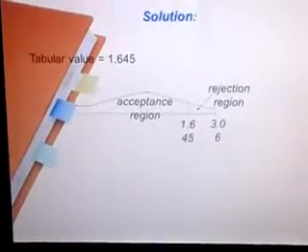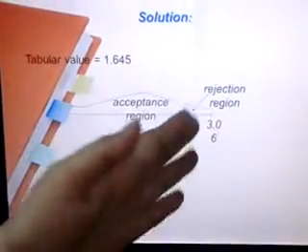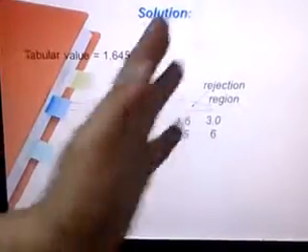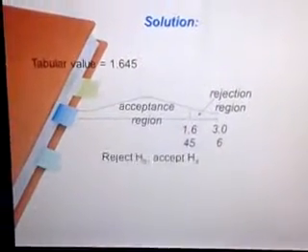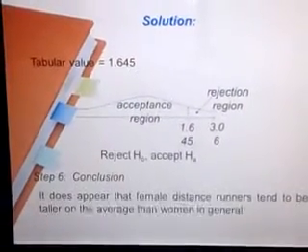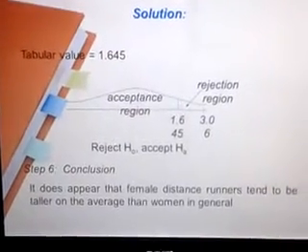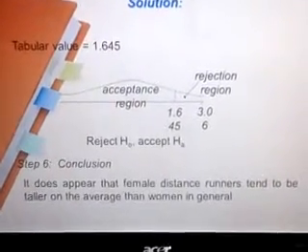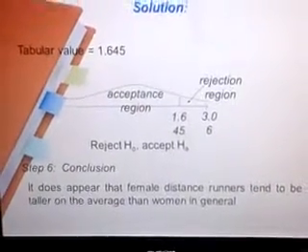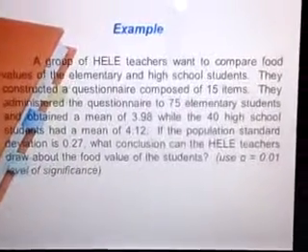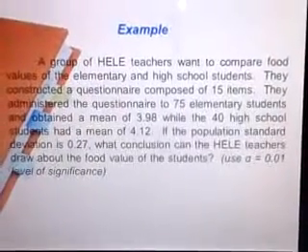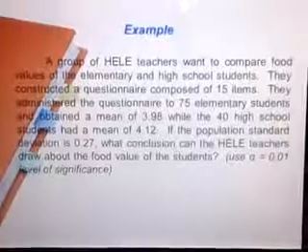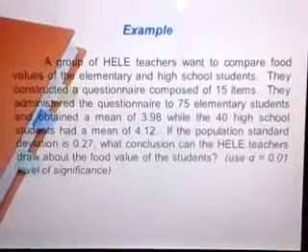Since it is only considered as one-tailed, the rejection region is only on one side. So the conclusion will be, it does appear that female distance runners tend to be taller on the average than women in general.